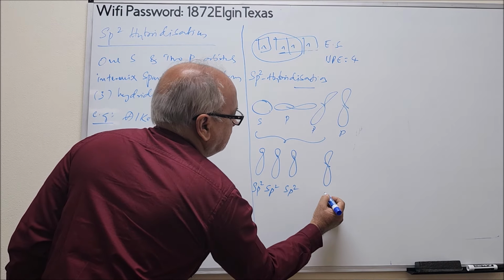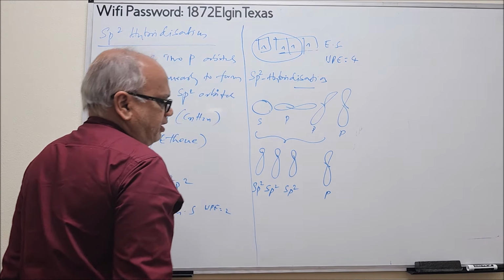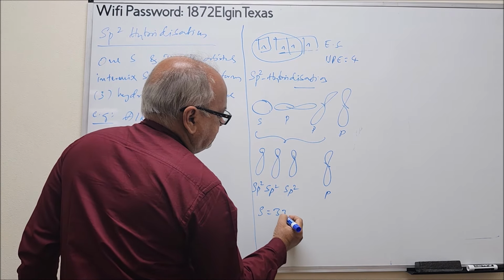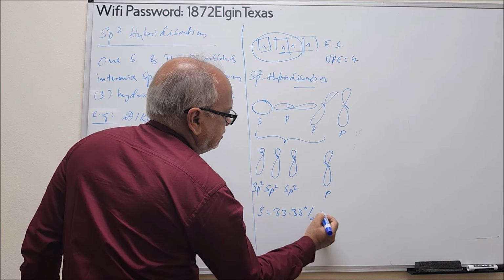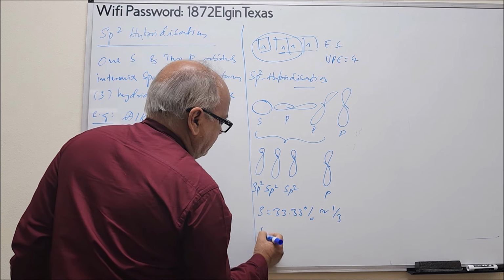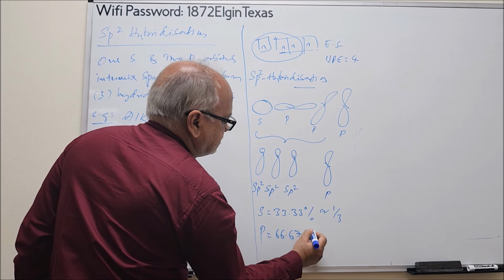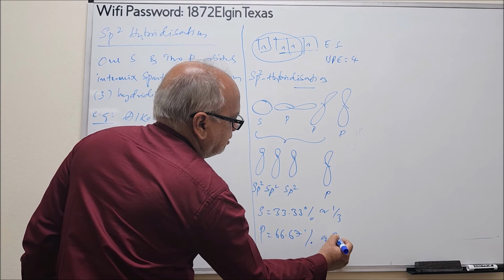There are 3 SP2 hybrid orbitals here, and one p orbital remains. So now the s character is 33.33% or 1/3. The p character is 66.67% or 2/3.